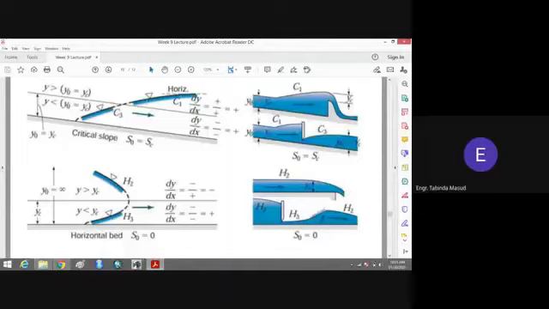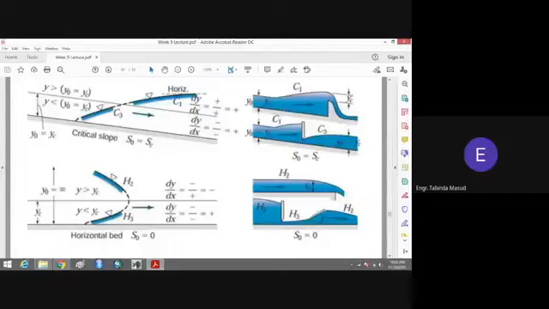Okay, you can join these two curves in this way, and you can also draw them separately. You can draw this curve like this, and this upper curve you can again draw in this way also. Okay, because you have to show that in both zones we have a backwater curve, and this is the example of the backwater curves.